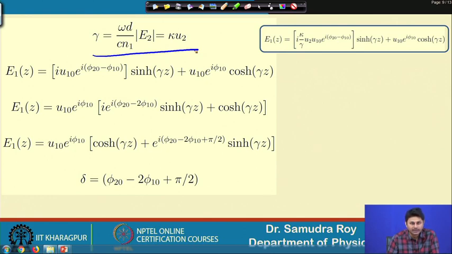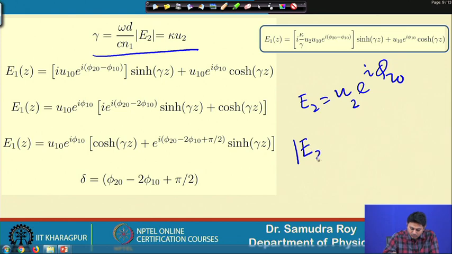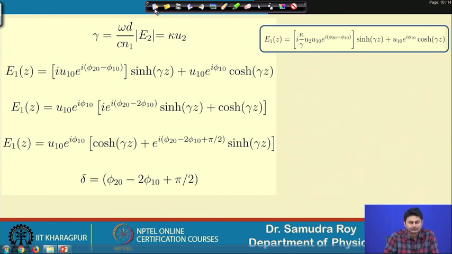So, gamma is omega d divided by c n1 mod of u2, where E2 is defined as u2 e to the power of I phi 2 0. So, mod of E2 is simply u2, that means only the amplitude part. And omega d divided by c n1 is nothing but kappa. So, gamma becomes simply kappa u2, and this is the term that we derived in the last slide.